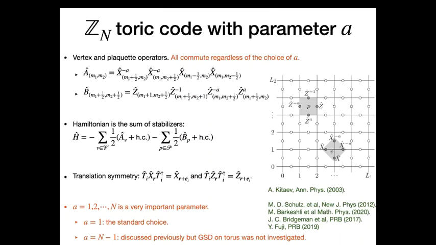And this parameter A is very, very important. So far in the literature, before our work, the A equal 1 example has been discussed frequently. However, some of these authors write down this model with parameter A equal n-1 without realizing that the properties of the model are very, very different from the A equal 1 case.